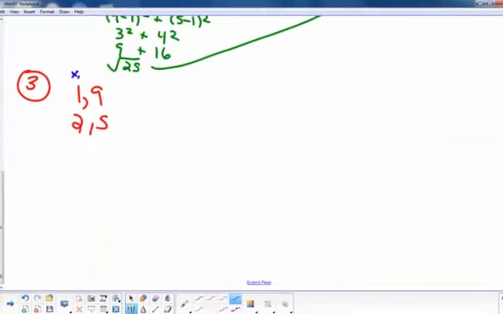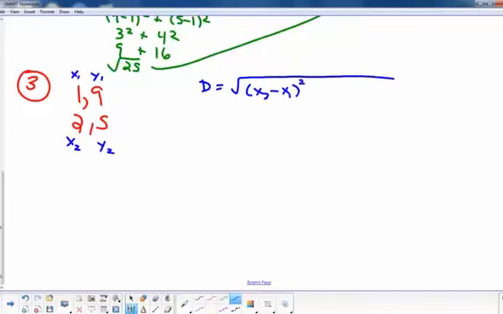So this is our x1, y1. This is our x2, y2. Our distance formula is the difference of your x's squared plus the difference of your y's squared, all square rooted.